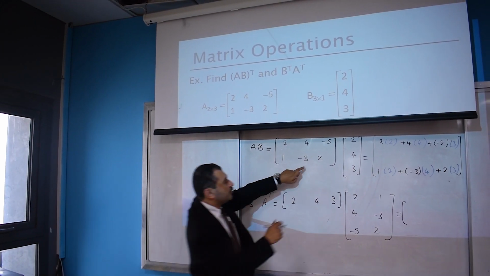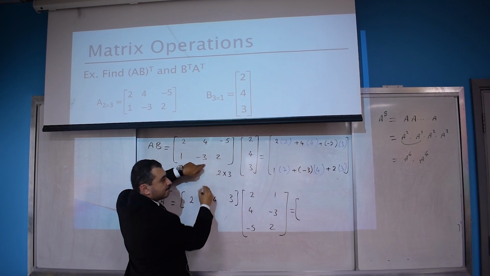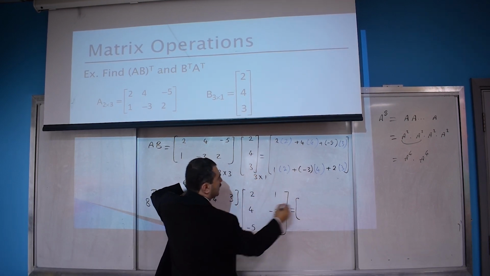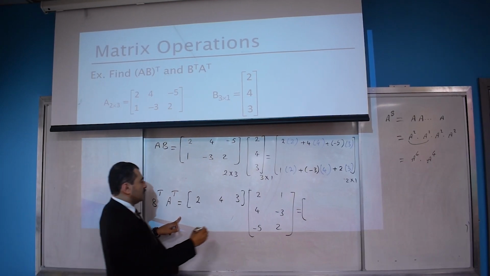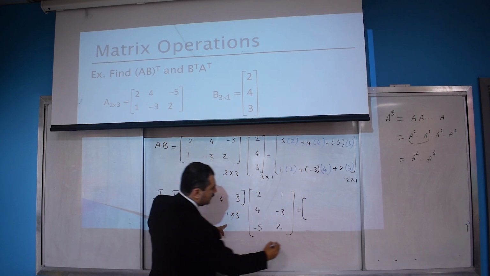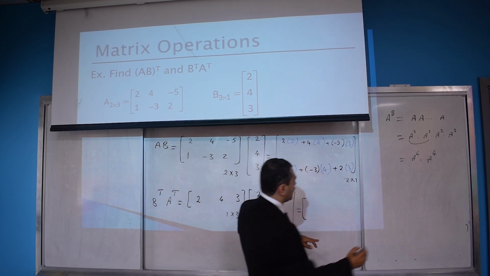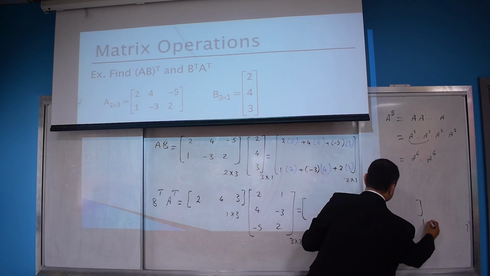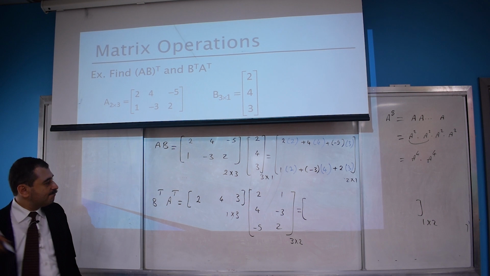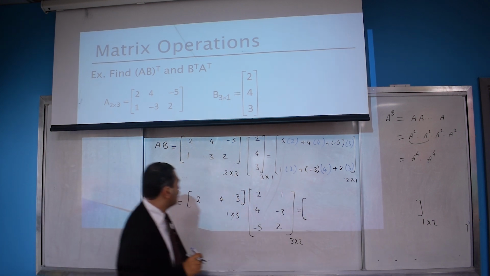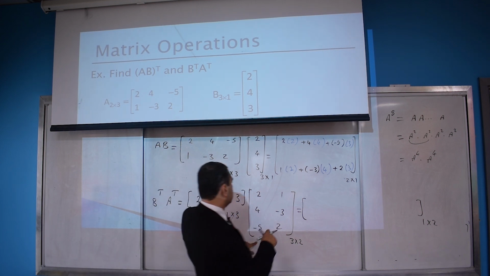Okay. Let's write the dimensions here. We have 2 by 3, and this is 3 by 1, and this is 2 by 1. What about here? We have 1 by 3, and this one 3 by 2, so the output here is 1 by 2. What about the first entry here? Two times 2, 4 times 4, 3 times negative 5. The same?